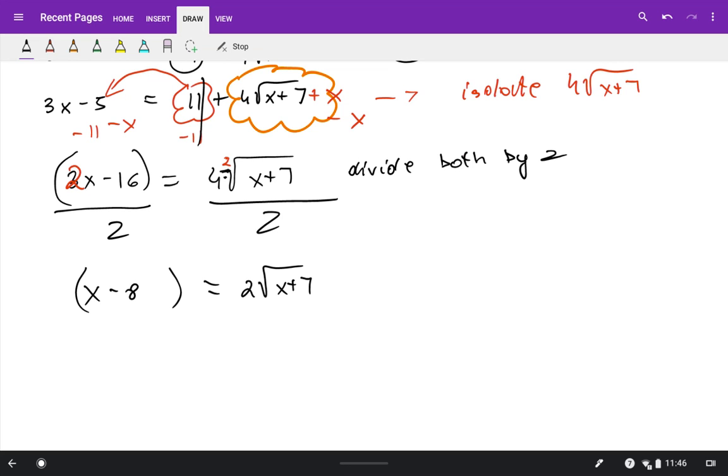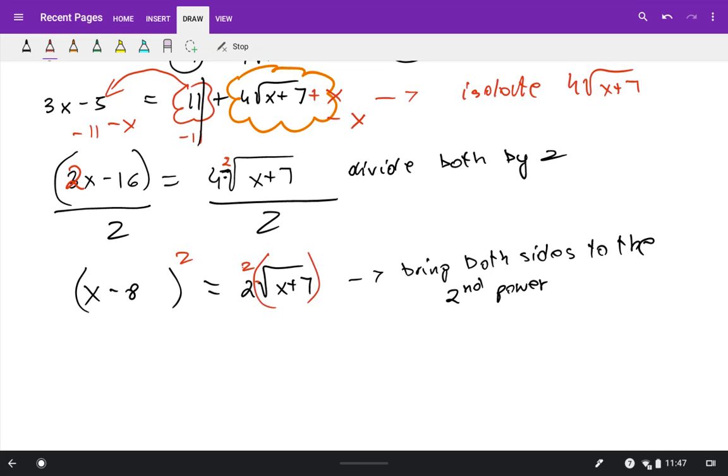And now I'm going to bring both sides to the second power. Okay, square. So this one will square and this expression will square, squaring both.